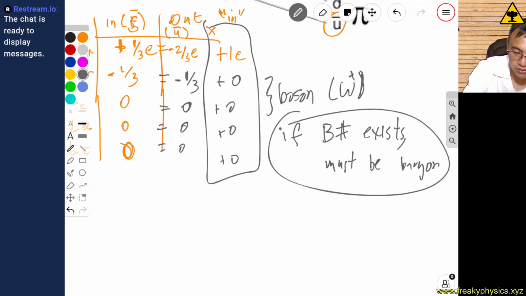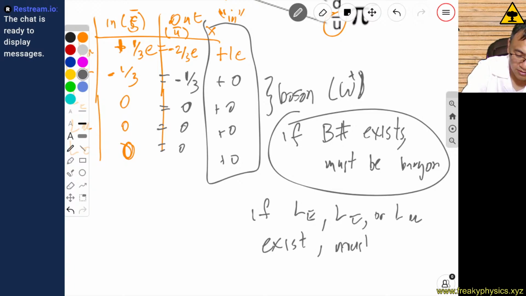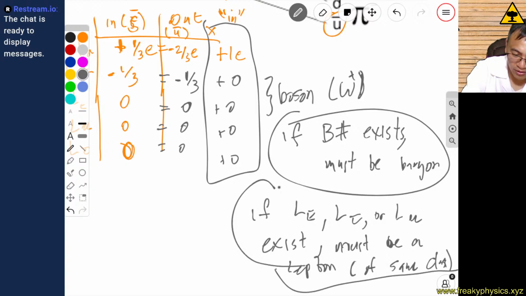So that's the first part. The second part is if Le, L tau, or L mu exist, not 0, the particle must be a lepton of the corresponding class, of the same class. That's the second bit that will help you out, hopefully.